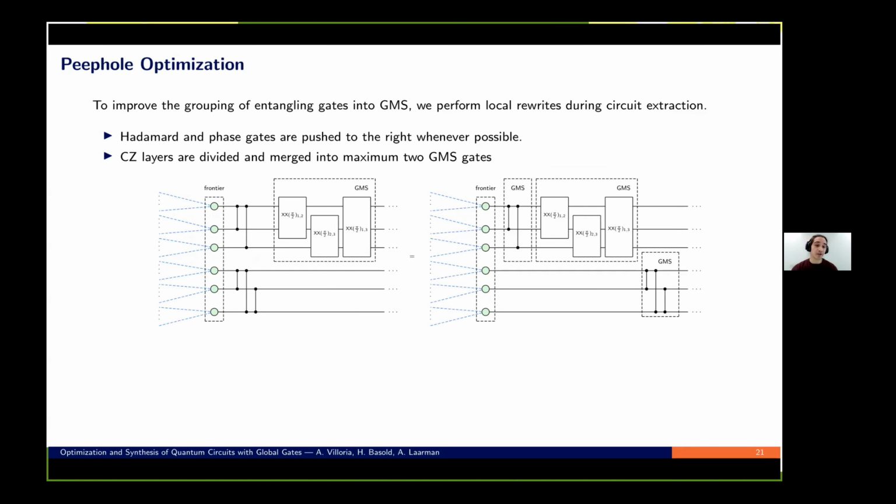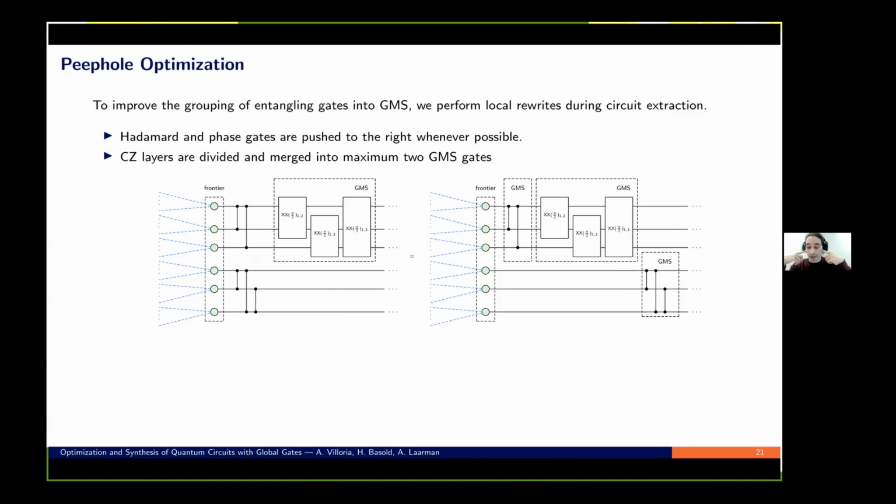But we have seen in practice that it's actually better to split them into two. So we split them into the ones that can be pushed aside into the last GMS gate that we have constructed and the ones that we can't. This is because if we go back to how one compiles a control C gate or control C layer with GMS gates, you have Hadamards on all qubits.